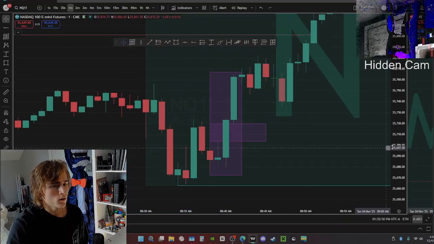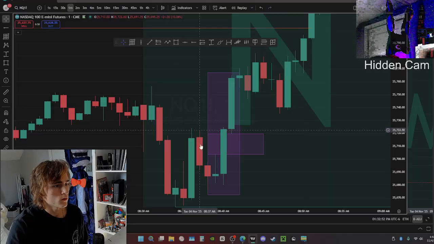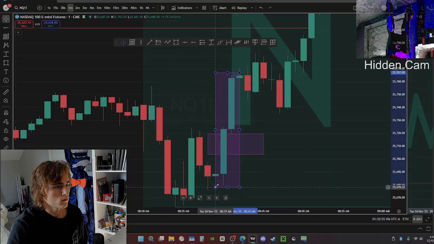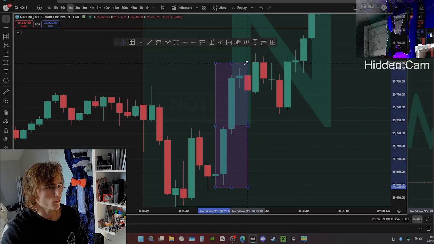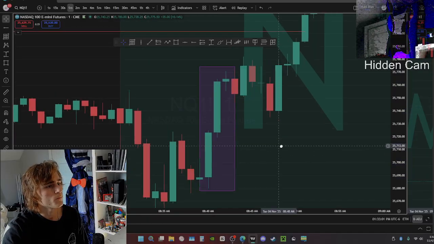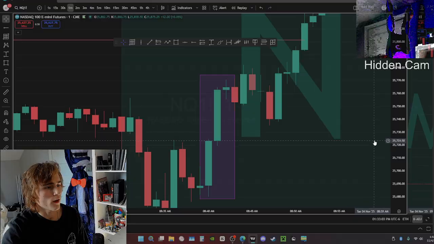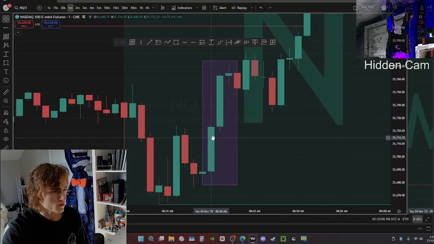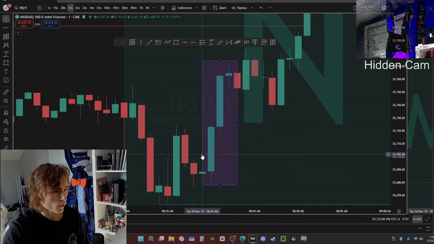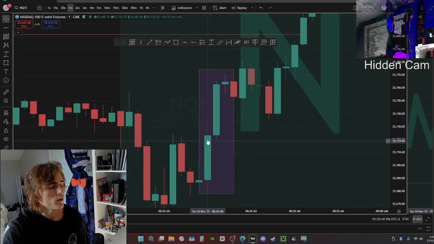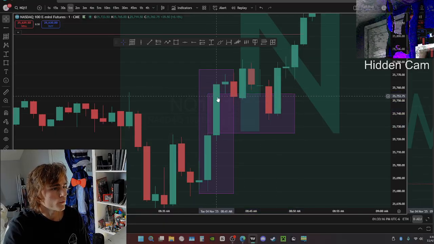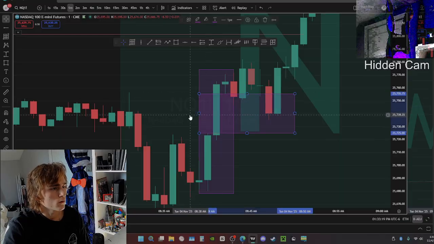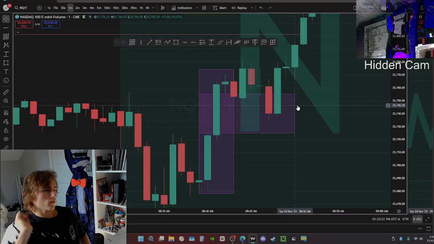Another example is, we have these 3 candles, right? 1, 2, 3. Where is the fair value gap inside of these 3 candles? It's not going to be this because we're not counting this candle. We are going to start right here and we're going to finish right there. That is where it is.